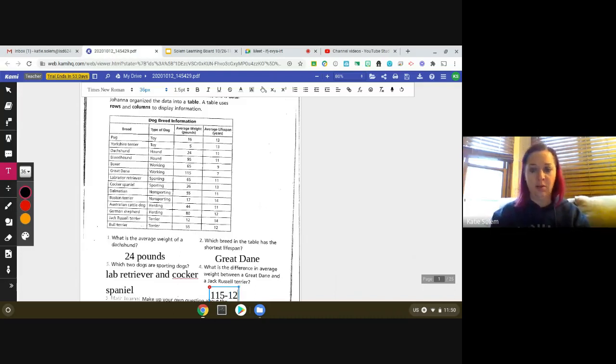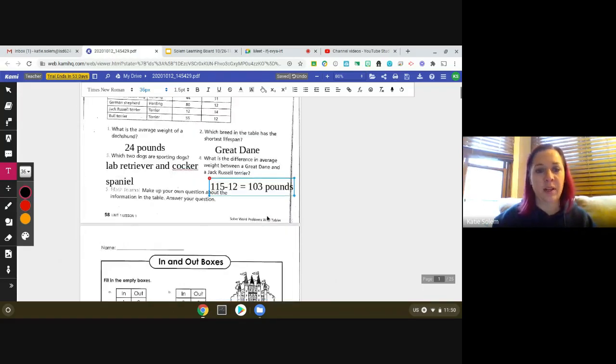Minus 12. So I would need to figure out, what is 115 minus 12? And that answer would get us 103. So the difference in weight is 103 pounds. So that is how we use a table to answer questions. It's one way of organizing information.